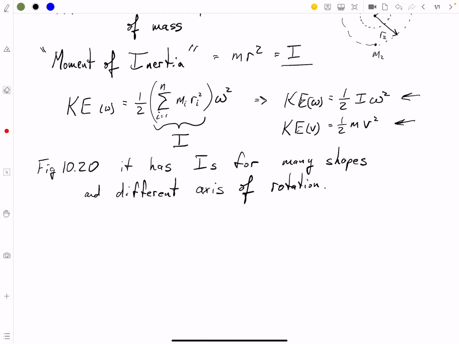Solid cylinder, length L, radius R. So let's draw that out. So here, gotta draw it out. There's a center of mass in there. The whole thing has length L.